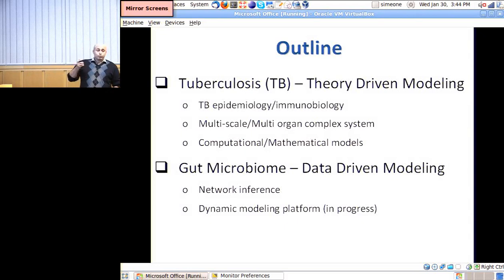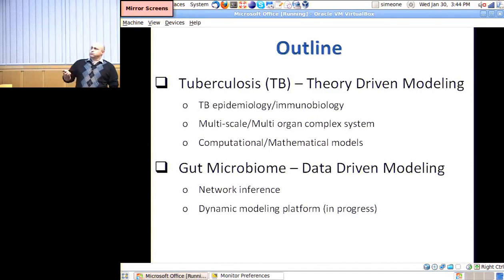But we do know a lot about the immunobiology and the epidemiology, so we can build into the model this knowledge of what the main players are in terms of cell types, what they do, and what they need to do in order to mount a protective response to the pathogen.